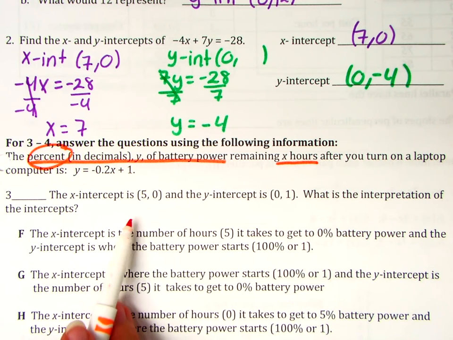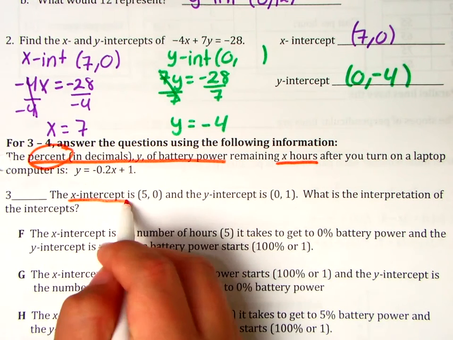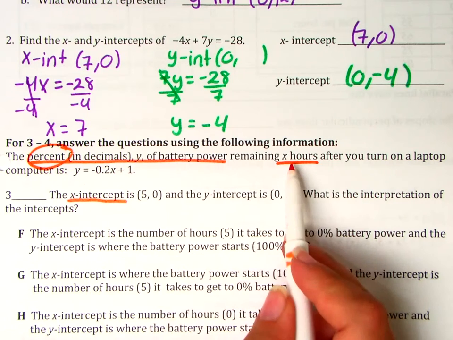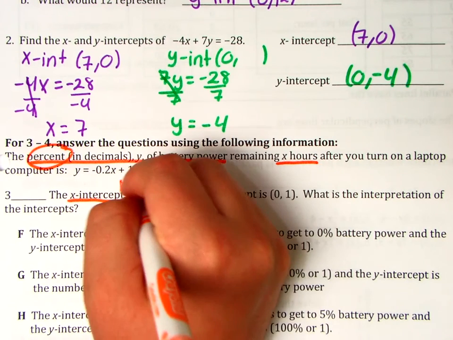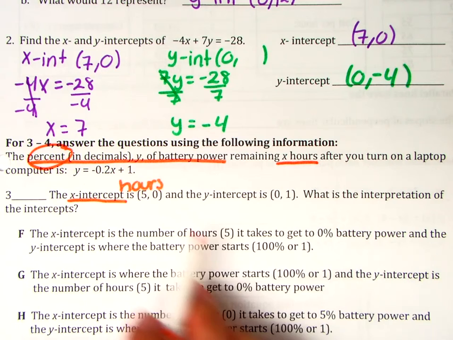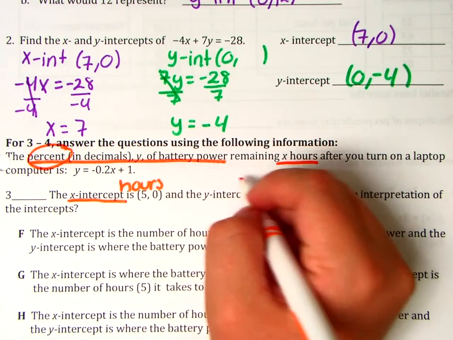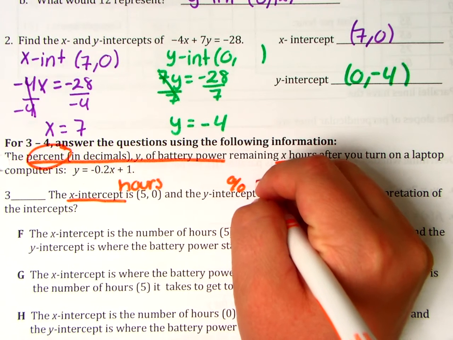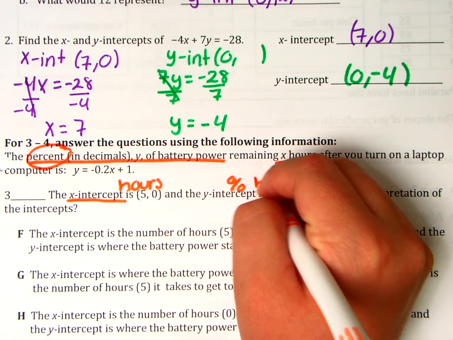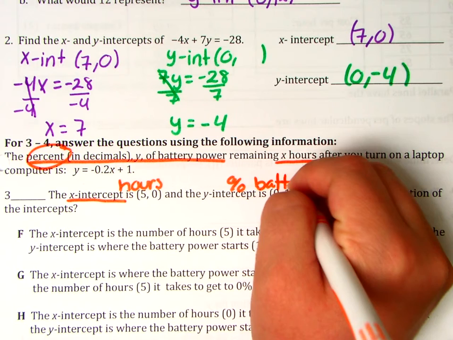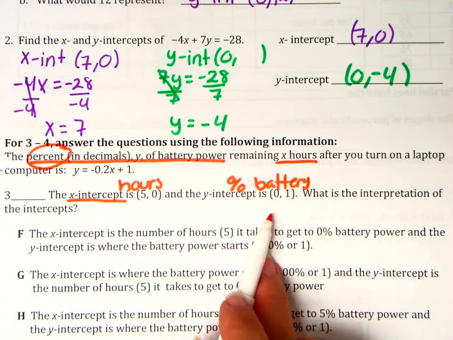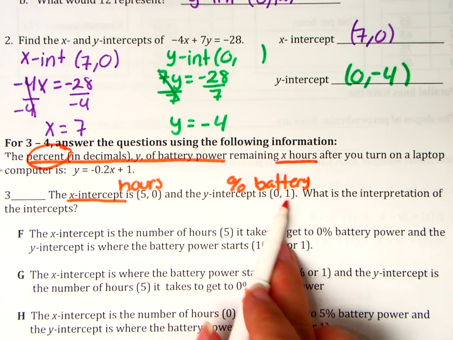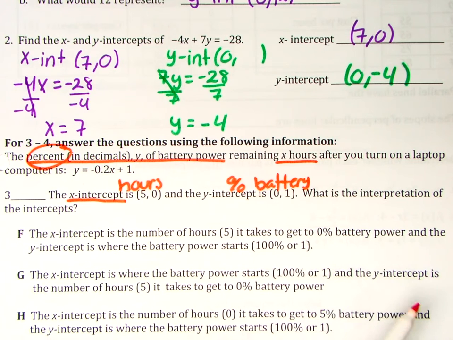So question number 3. The x-intercept, we know x-intercept was talking about our x, hours. And the y-intercept, this is the percent, we'll say battery percent, or percent of battery, is 0, 1. So it's a fully charged laptop. What is the interpretation of the intercepts?